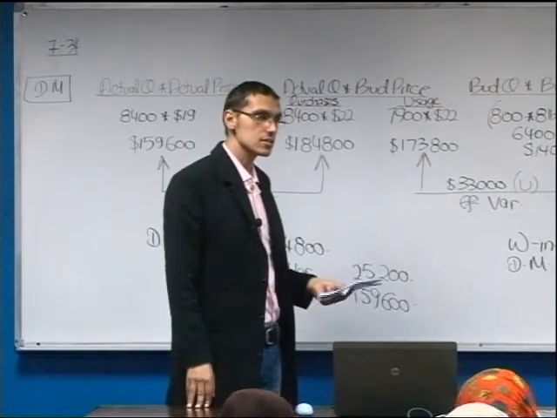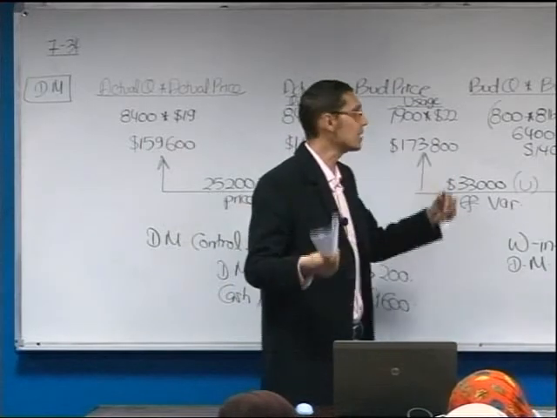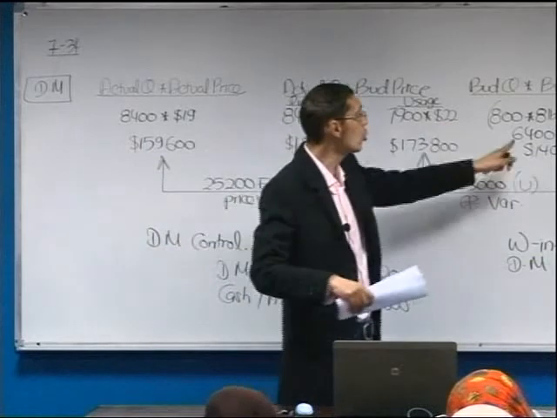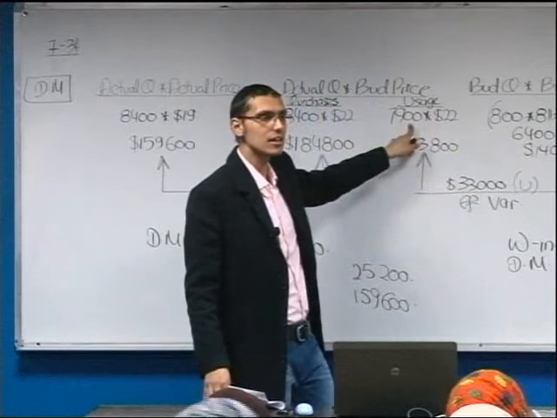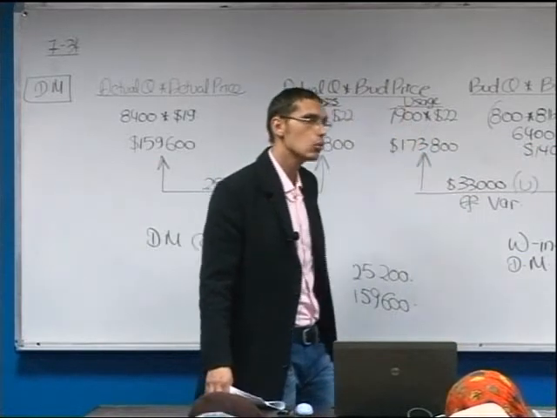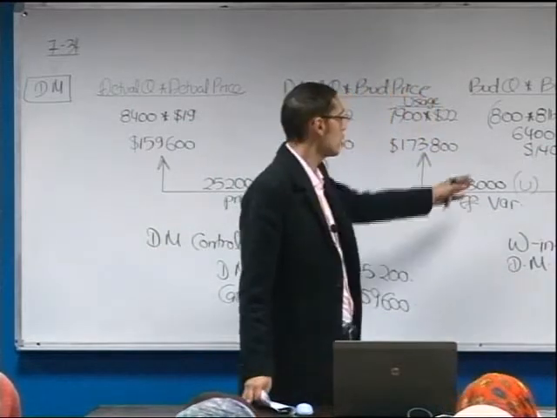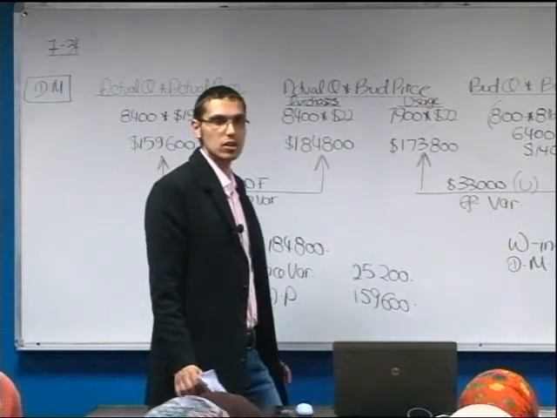Yes, we might have an unfavorable efficiency variance in the direct manufacturing labor because of the greater use of direct materials. This is only one of the effects that could be in place because of this unfavorable efficiency variance. Any questions?